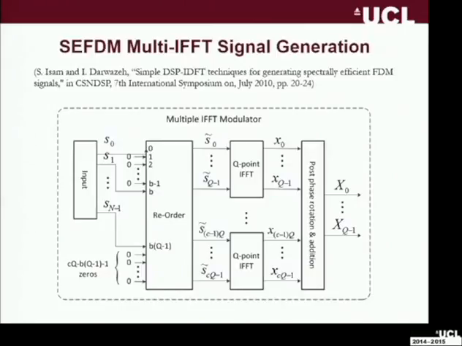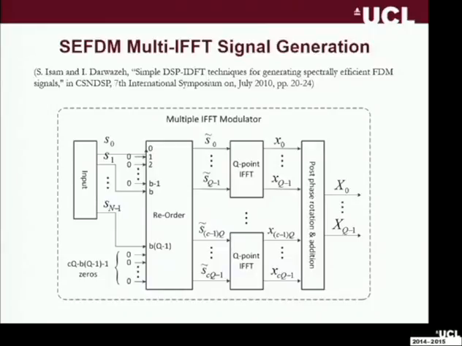Obviously, there are drawbacks with this system in terms of the number of IFFTs that you have, which depends on the bandwidth compression you want to achieve. So we've got a term in SEFDM which you may have seen earlier called alpha. In SEFDM, this product here is called alpha, where if alpha equals 1, it's OFDM. If it's less than 1, it's SEFDM. And in this case, you play around with alpha. So you could say alpha equals 0.8. Okay, what if we have it as a ratio?